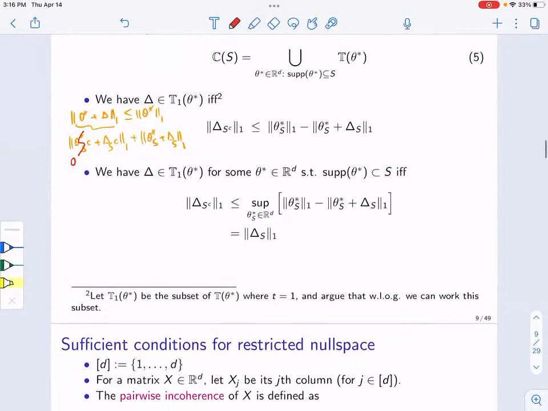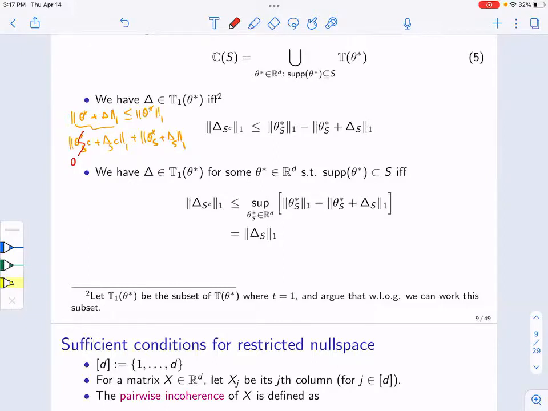Delta is in this if and only if this holds, and it's going to hold if delta is going to be in one of these lines. If there is a theta star such that this holds, then the supremum will be bigger than this. If the supremum is bigger than this, then this means that there exists a theta star such that this holds and delta will be there.